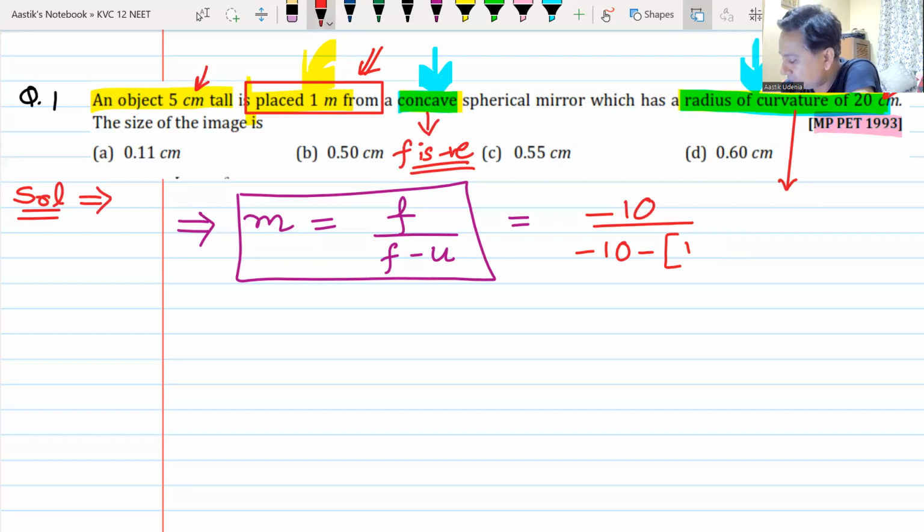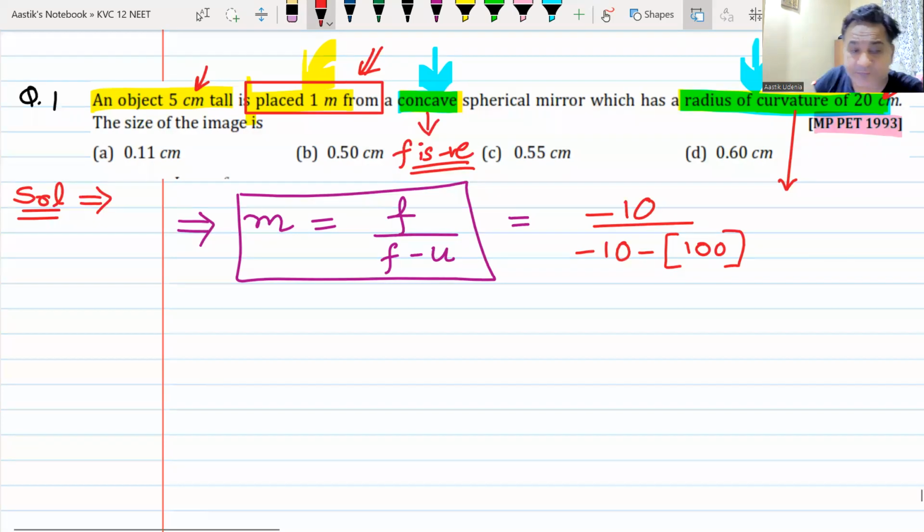So shall I write 100? Okay, I've written 100. Anything else should I add or subtract? Yes, anything else or should I just calculate it from here?